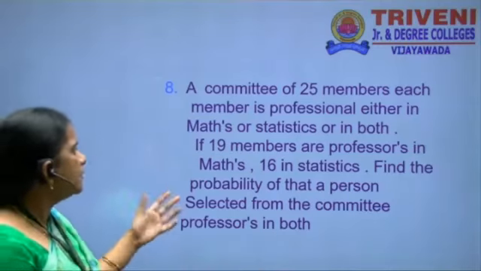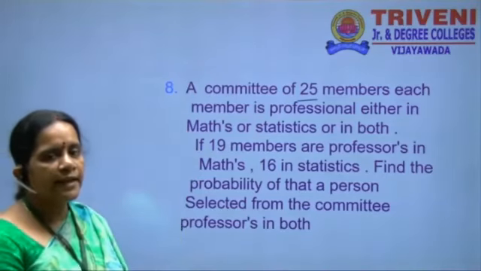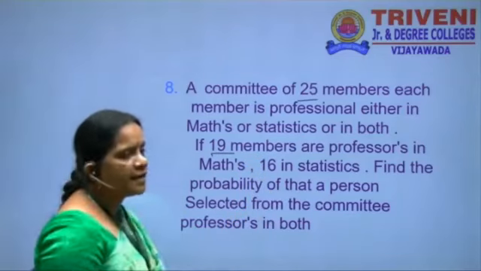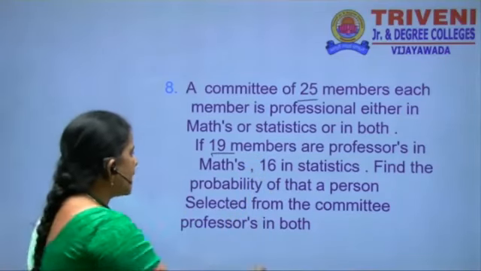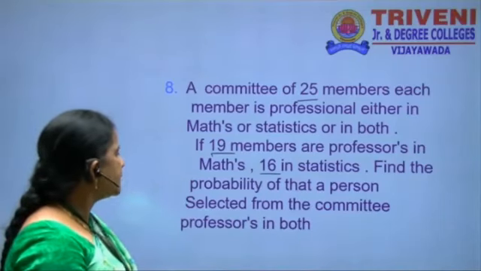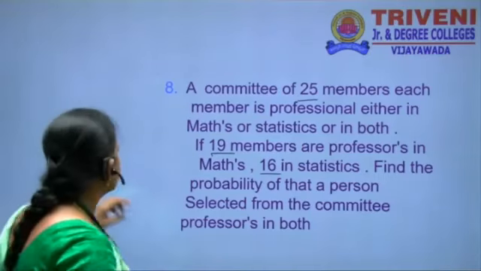Suppose all 25 members are professors in both, that is A intersection B, maths and stats.